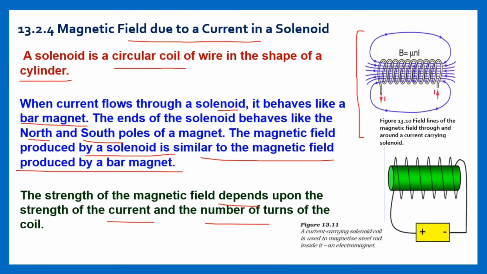If current is more, magnetic field will be more, and if current is less, magnetic field will be less. If the number of turns in the solenoid is more, obviously the magnetic field will be stronger. And if the number of turns is less, the magnetic field will be weak.